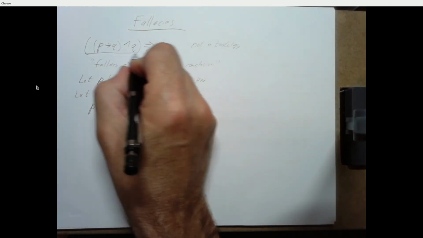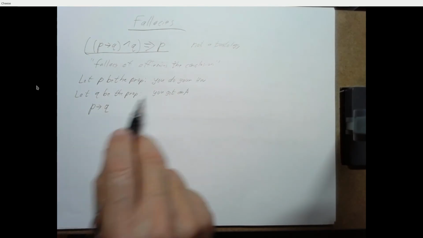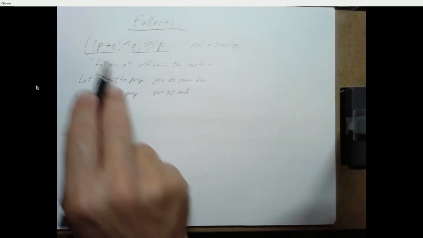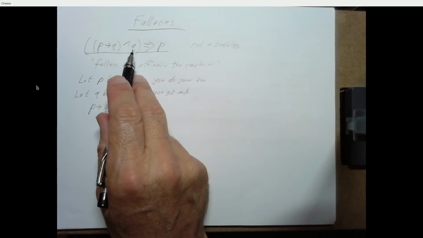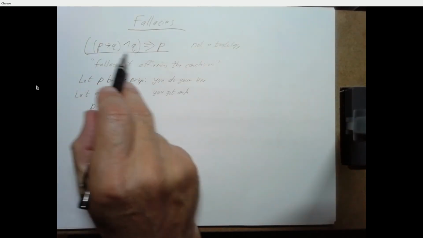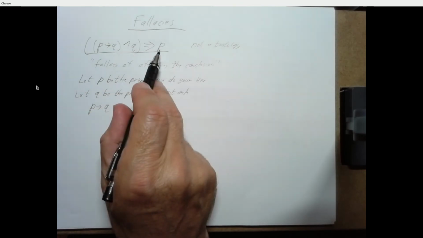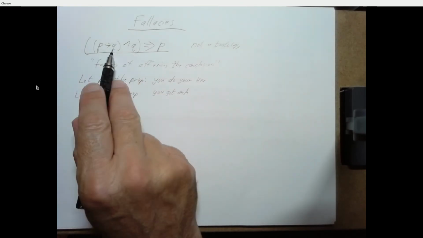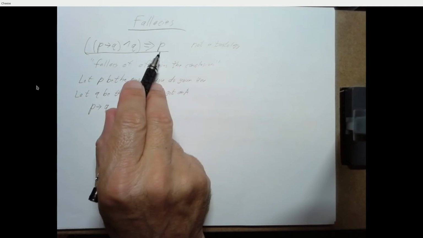Well, this statement is saying that as long as you know that if you do your homework, you get an A, which is true, and you get an A, you must have done your homework. That doesn't follow logically. It may be that you're so smart you never did any of your homework. This is true, but it may turn out that P is false. In other words, this conditional is true and you got an A, but you did not do your homework.